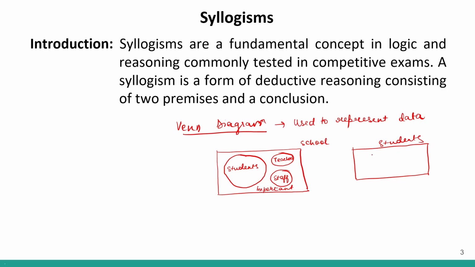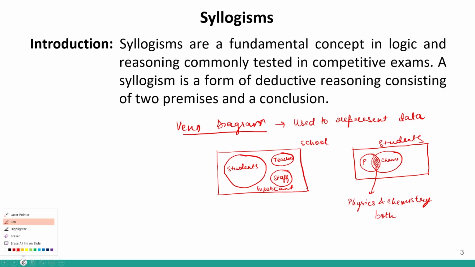In this school, there will be some students studying physics, some studying chemistry, and some who study both. The overlapping area signifies that these people are studying physics and chemistry both.